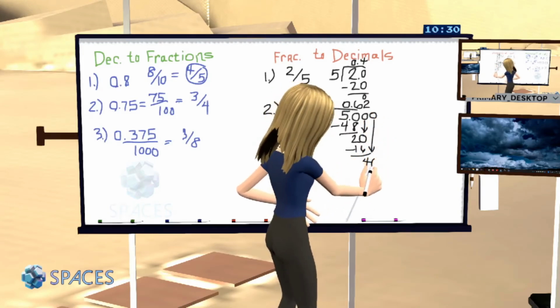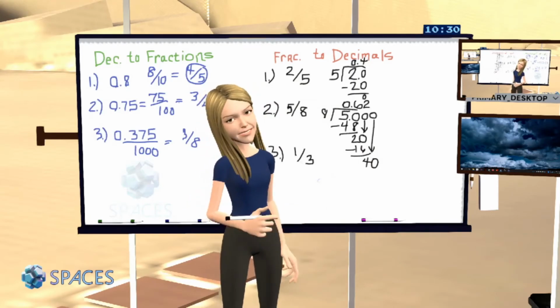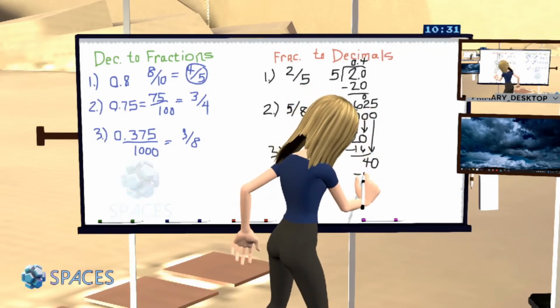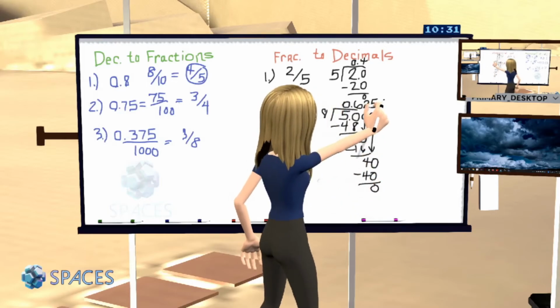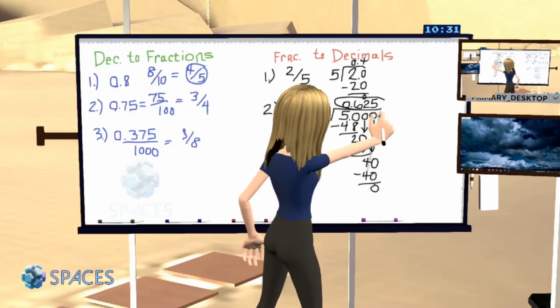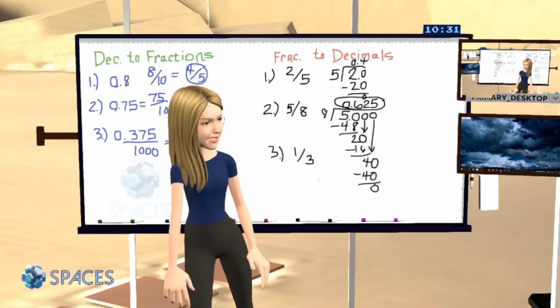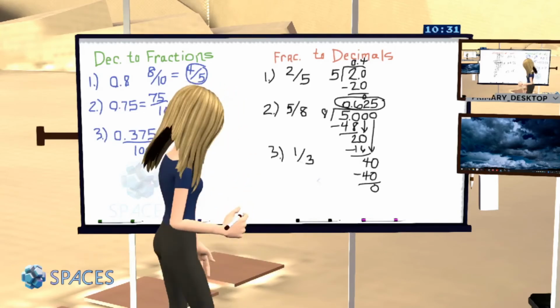And now we're getting somewhere. 8 goes into 40. How many times? 5. All right. So 5 times 8 is the 40, and we are done with this one. Okay, our answer would be 0.625.